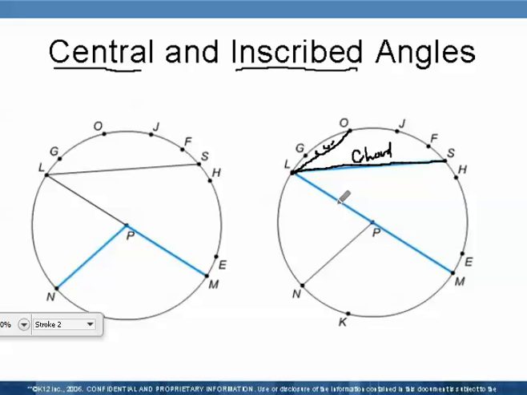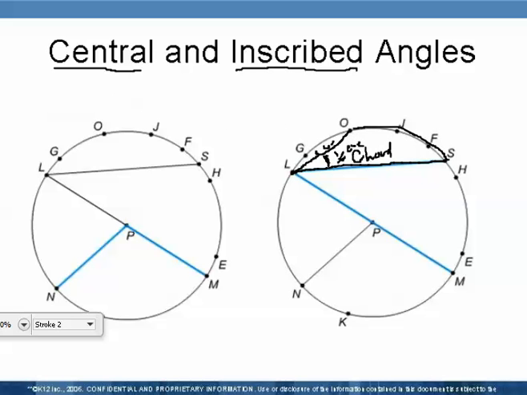So those two chords form this angle, which is actually 1/2 of this arc that's over here. So the arc measurement and the angle measurement are related by a factor of 1/2. The angle is 1/2 the arc.